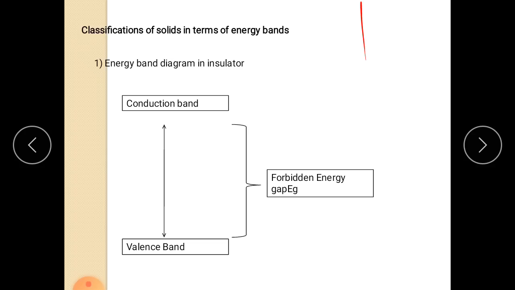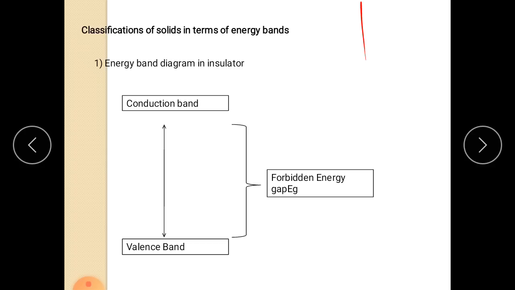Due to this interaction, the energy level of each atom is divided into many small continuous energy levels with respect to their adjacent atoms.